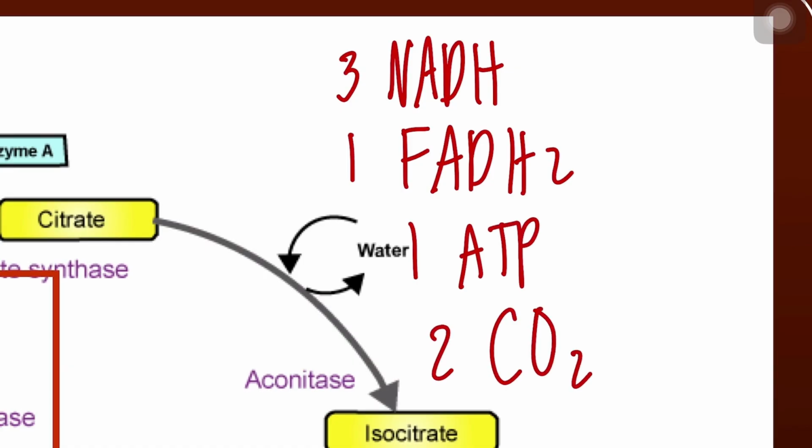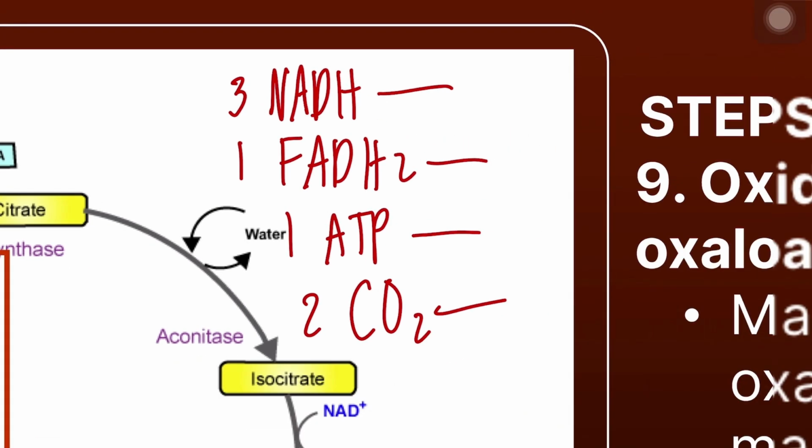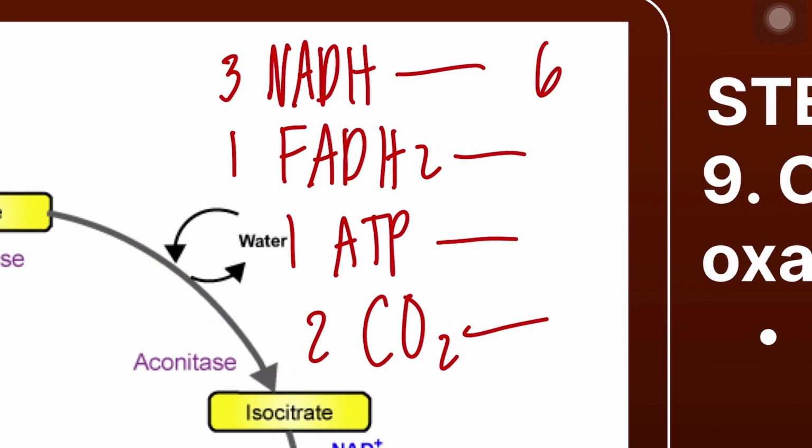Again, that is for one complete turn only of the Krebs cycle, per acetyl-CoA. But since one glucose produces 2 acetyl-CoA, we double these numbers for a total of 6 NADH, 2 FADH2, 2 ATP, and 4 carbon dioxide per glucose molecule.